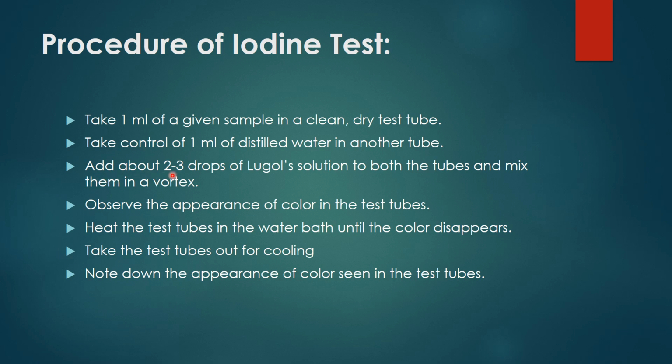Add about 2 to 3 drops of Lugol's solution to both the tubes and mix them in a vortex. Observe the appearance of color in the test tubes.